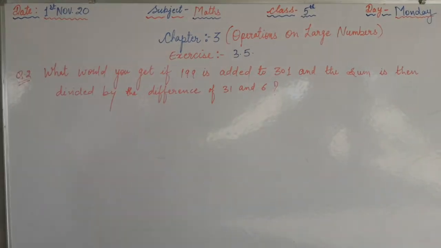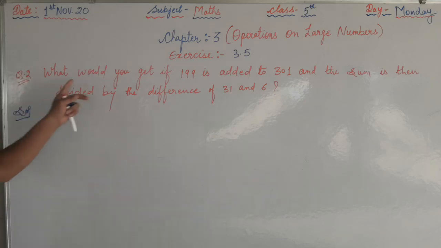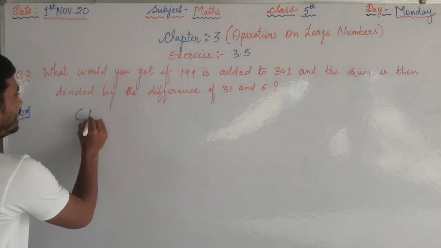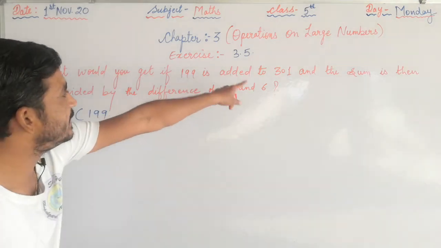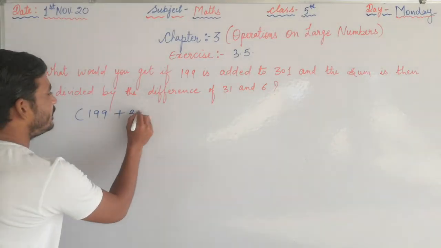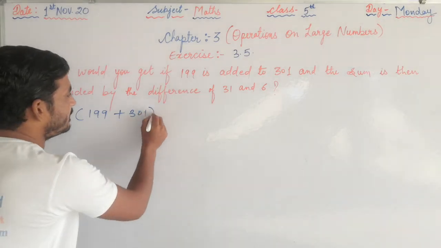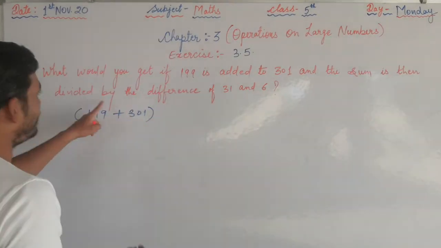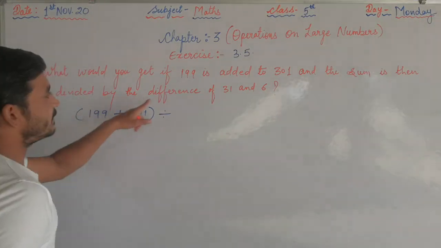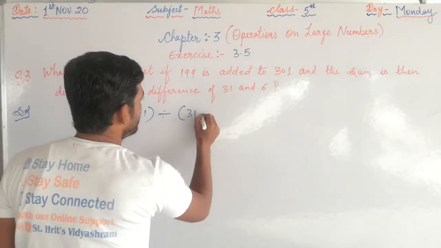Now see, first you make the expression. What would you get if 199 is added to 301 and then the sum is divided by, here put the divide sign, the difference of 31 minus 6.